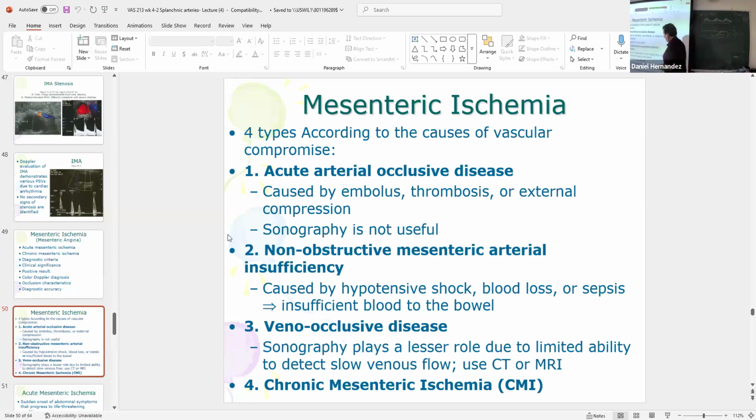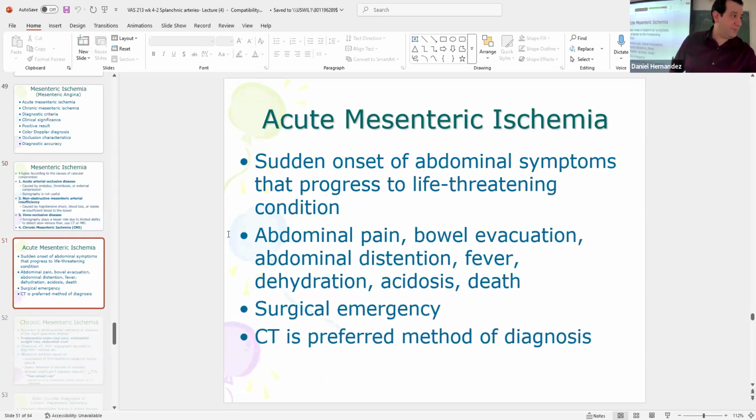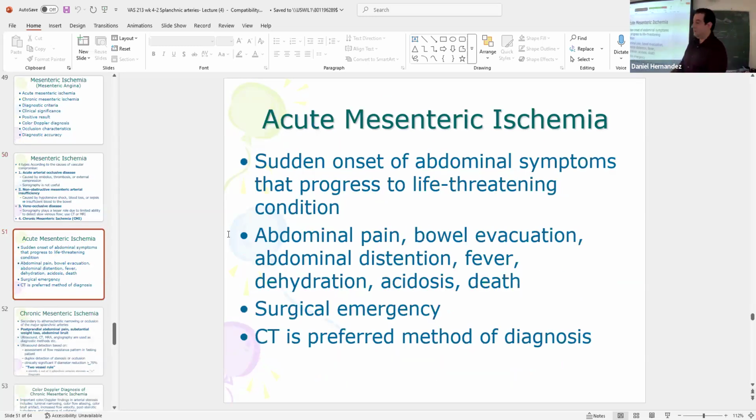Or it could be a chronic issue. So the chronic is the fourth cause. With chronic, it's the development of atherosclerotic plaques over time, narrowing our arterial vessels. With the acute type, we said there's sudden onset of symptoms that can progress to a life-threatening condition.